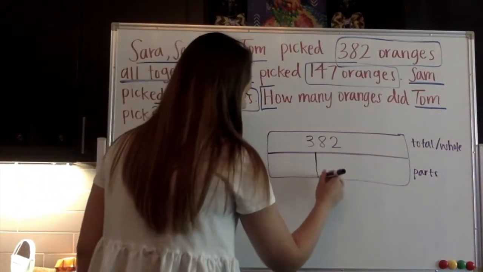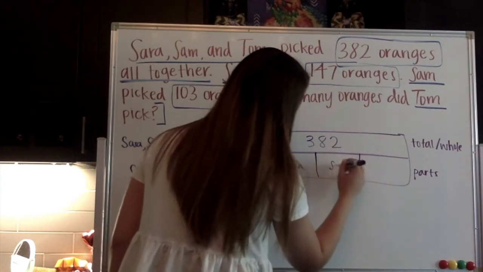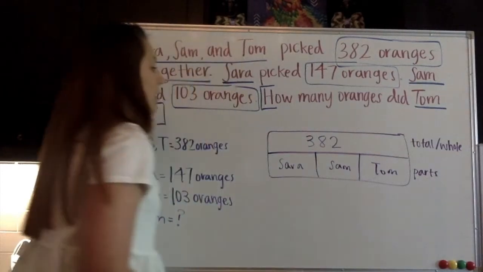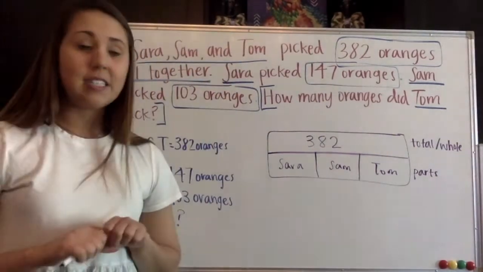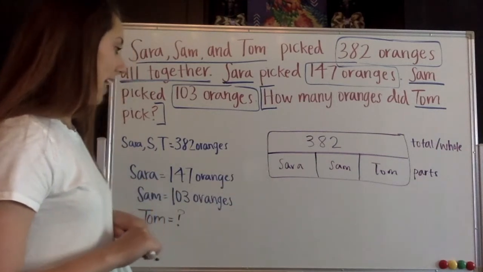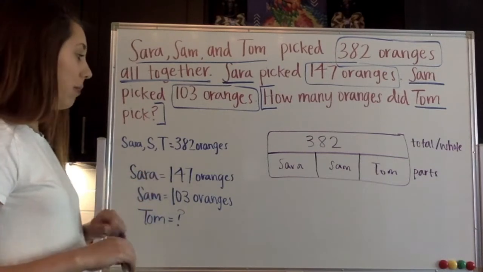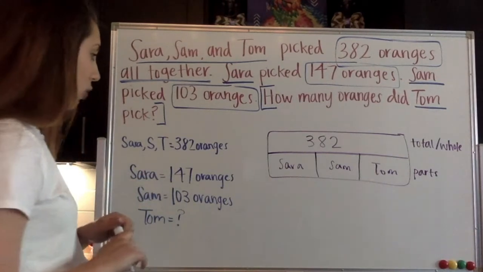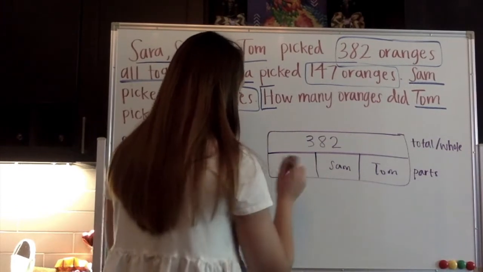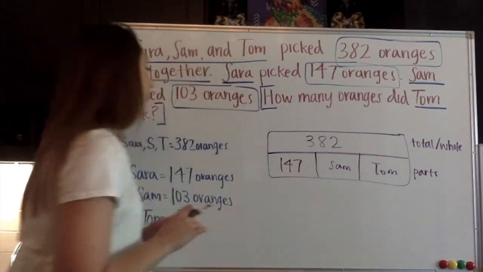So I have Sarah, Sam, and Tom. So now I want to fill in these boxes with numbers. So how many oranges did Sarah pick? If I go back to my important information, I know that Sarah picked 147 oranges. So I can fill in her box with 147.